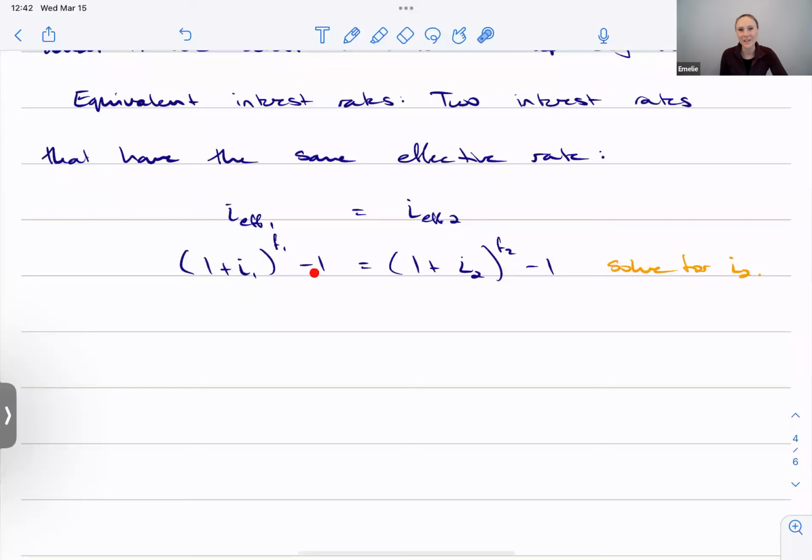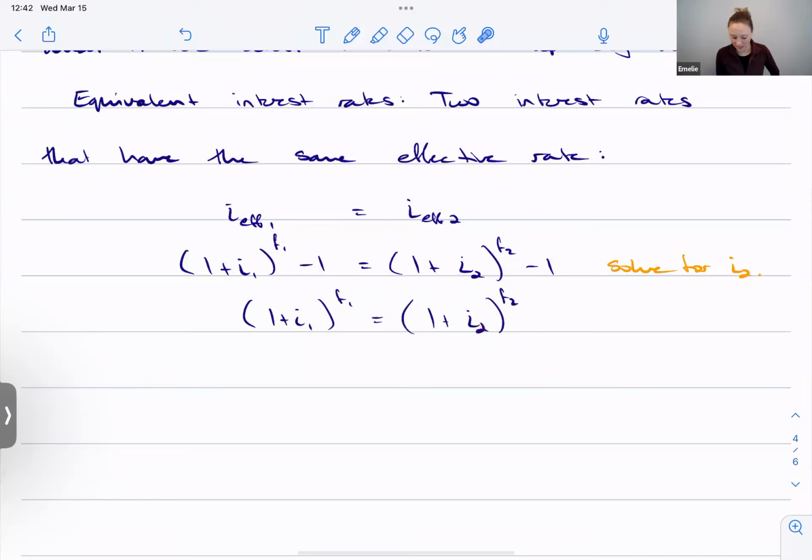I can add 1 to both sides. Luckily, these just dissolve, and so I get (1 plus I1) to the power of F1 is equal to (1 plus I2) to the power of F2. If I'm solving for I2, then I need to get I2 on its own.